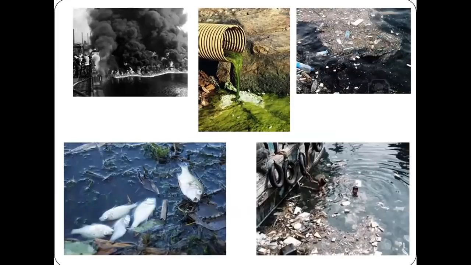Okay? So, how do we mitigate or prevent water pollution? Well, for one, every city must have a water sewerage system. So look into that. What is a water sewerage system?